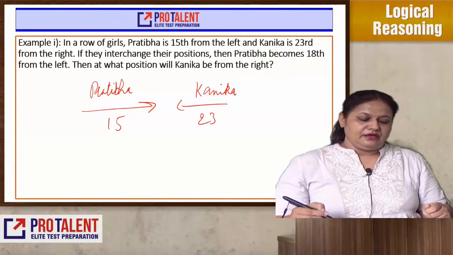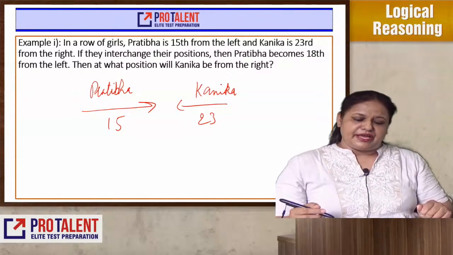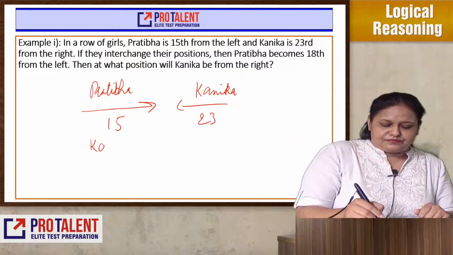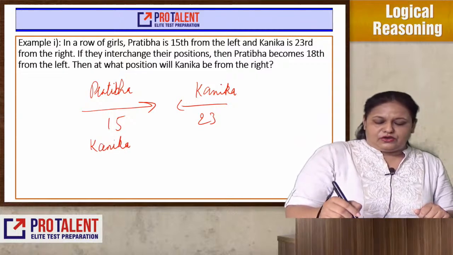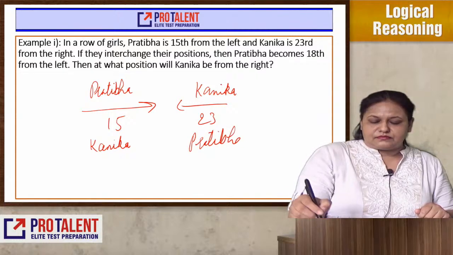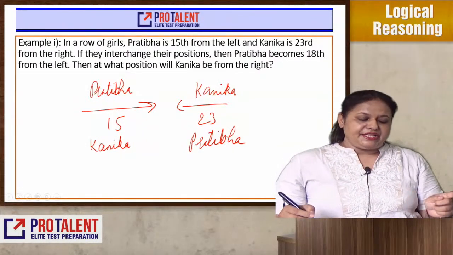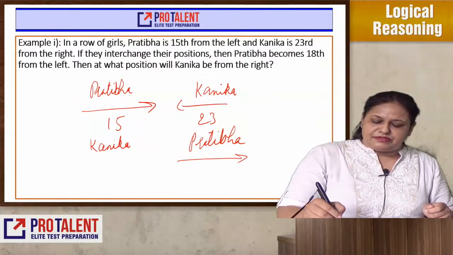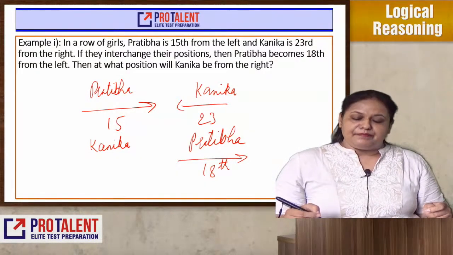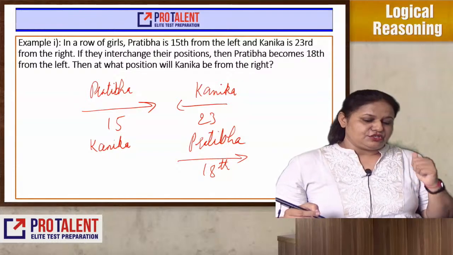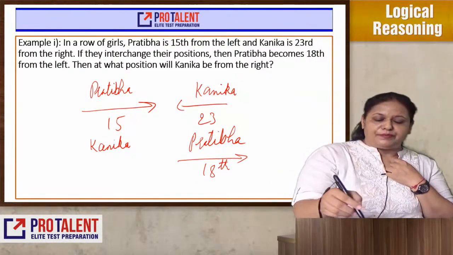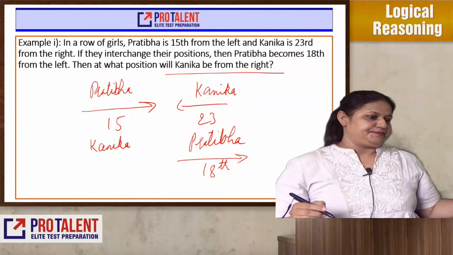If they interchange their positions, so now Kanika is here and Pratibha is here, Pratibha becomes 18th from the left. Then at what position will Kanika be from the right? Can you give me the answer to this question? What would be the answer? Then what position will Kanika be from the right?